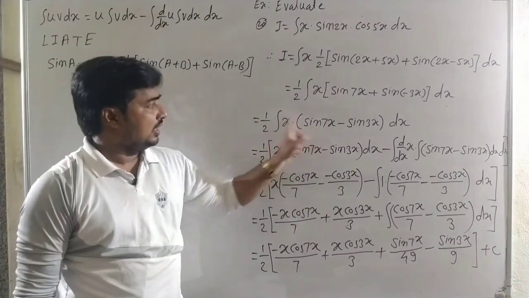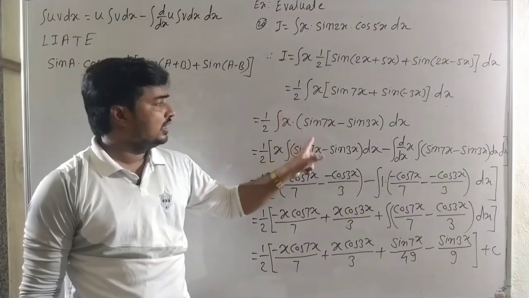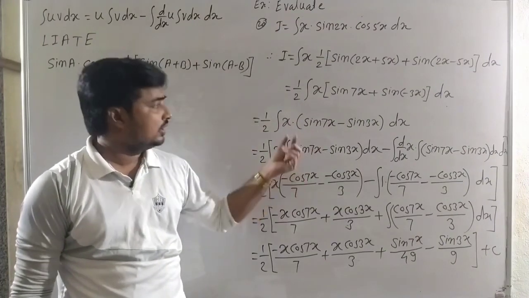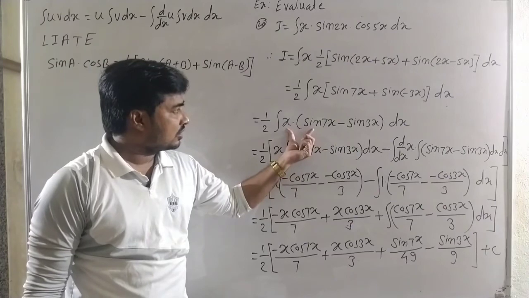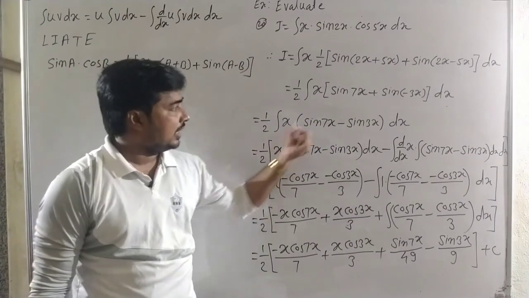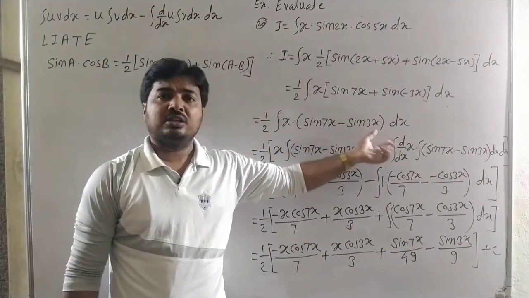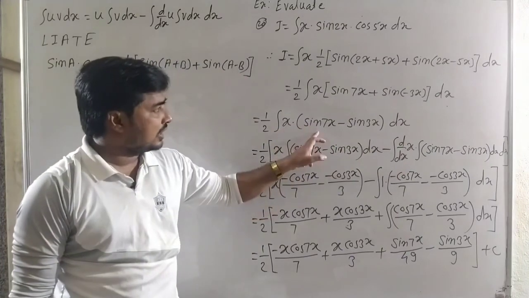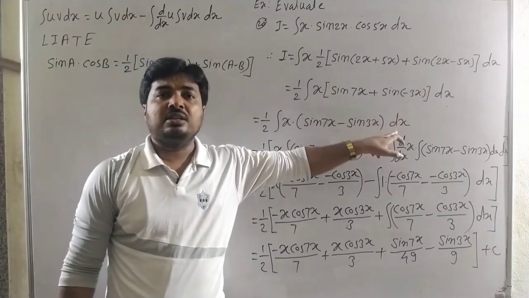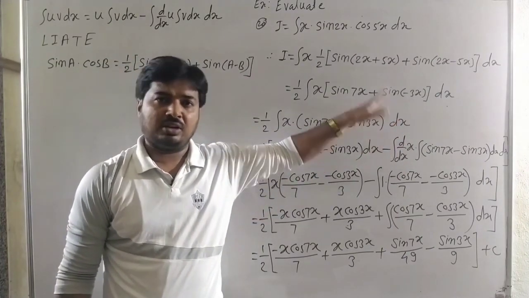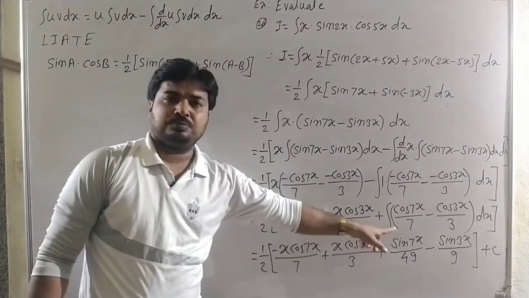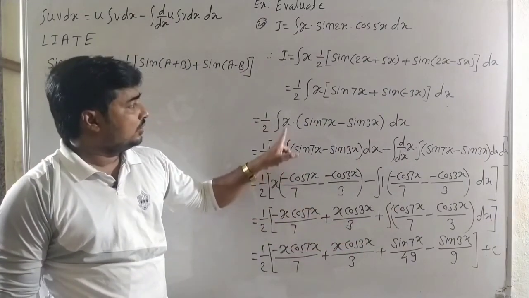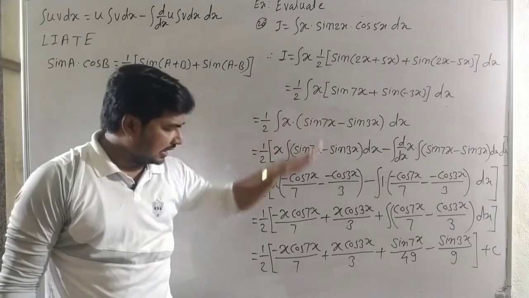Here we also use the integration by parts, u into v, two times, that is x into sin 7x separately solve, and x into sin 3x separately solve. Okay, we get again the same answer. Here we can use u and v and directly solve.